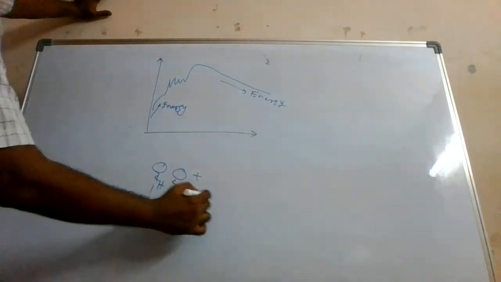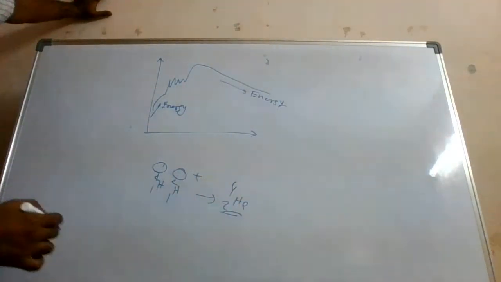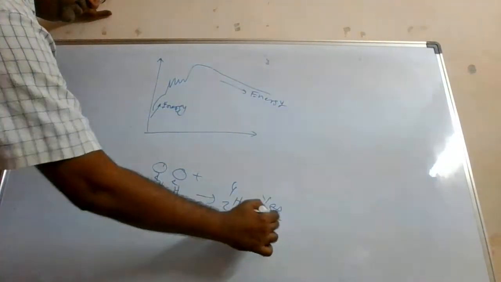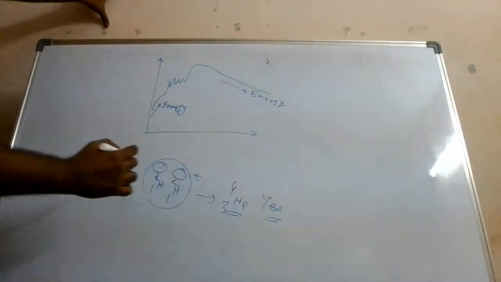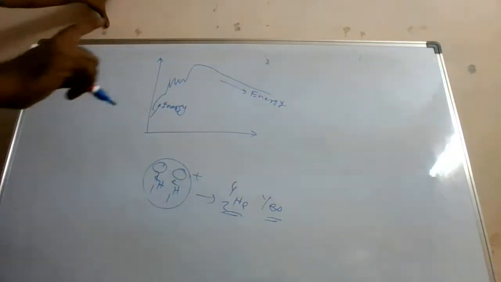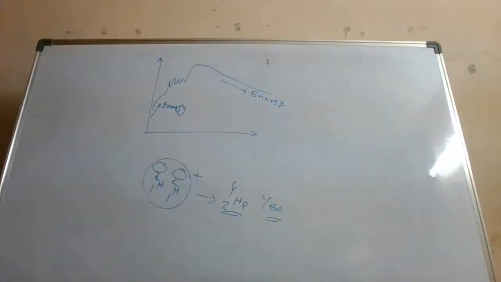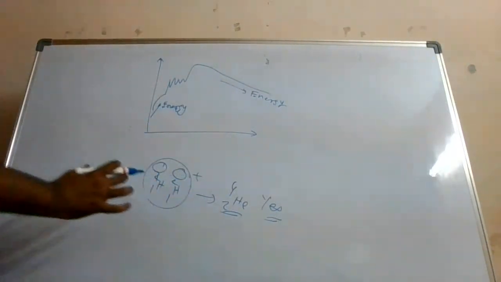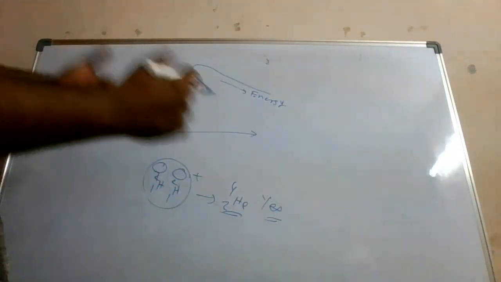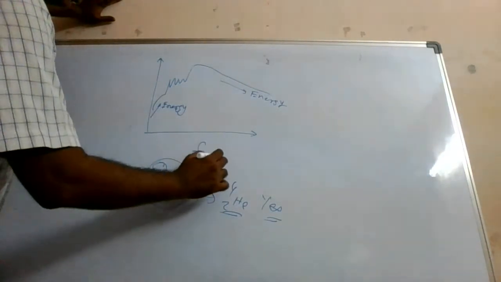These two can combine and create 2He4. Is it possible? The answer is yes, because these are unstable and they can combine together to form an atom of different configuration. So the smaller nuclei are combining to form a larger nucleus. Now this process is called fusion.